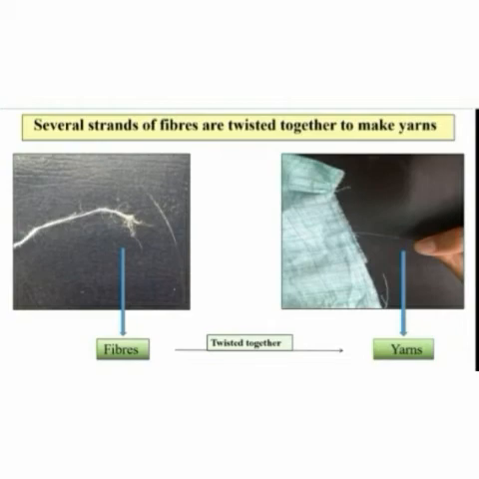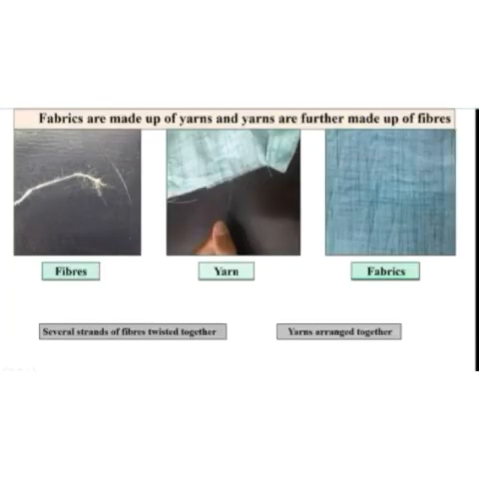I repeat this again, students. Those small thin strands are called fibers, or collectively we can say that yarns are made up of still thinner strands called fibers, or in other words, fibers are twisted together to make yarns.